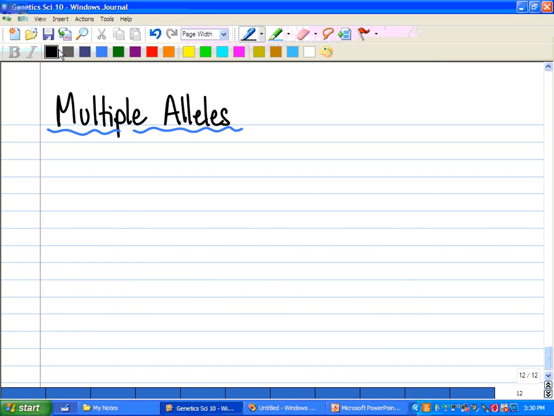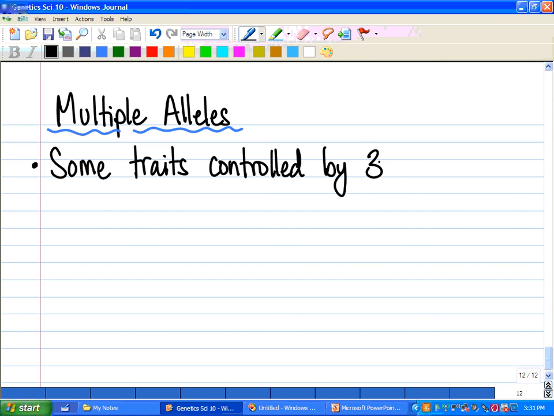So what we're looking at with multiple alleles is that some traits in organisms are controlled by more than two alleles, so like 3 or more. So we'll put down a quick note about that: some traits controlled by 3 or more alleles.